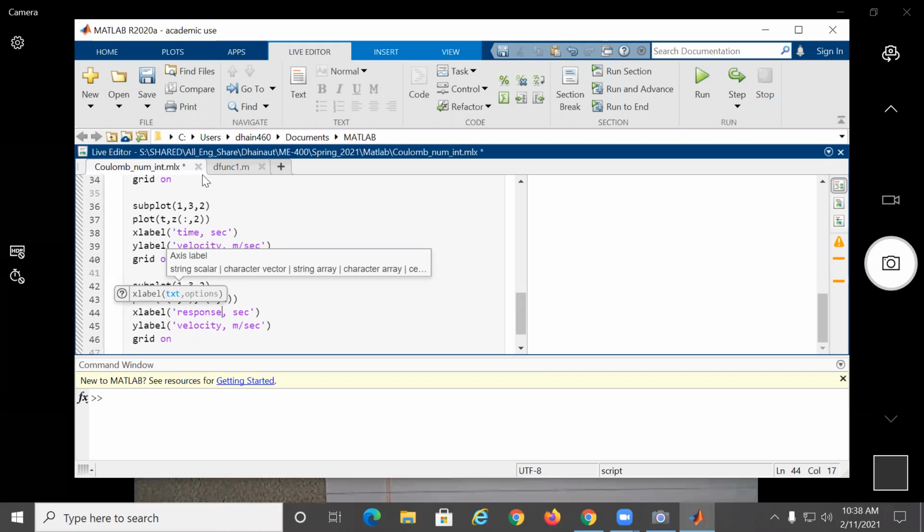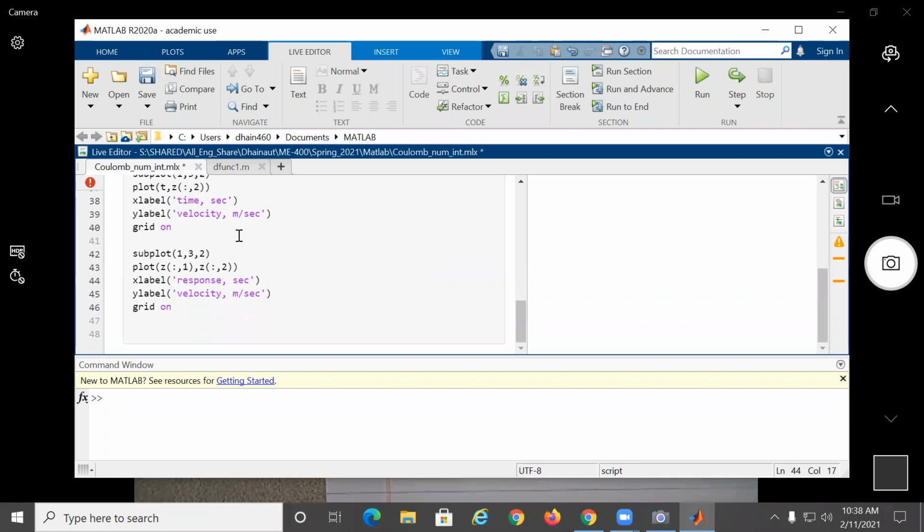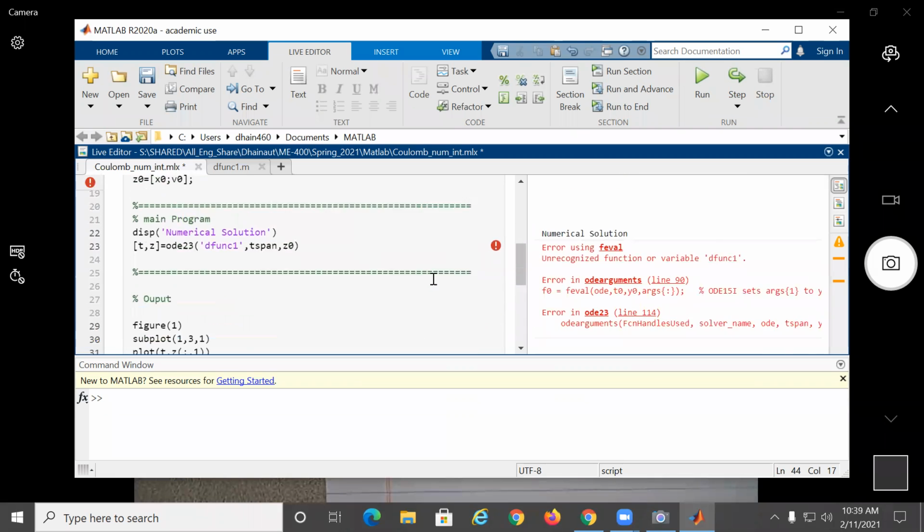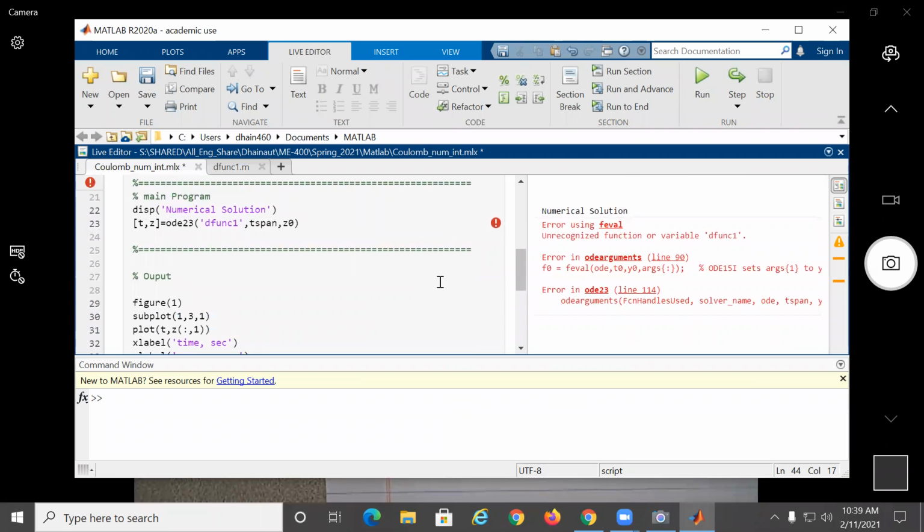All right, so hopefully this will work here. So there's an error somewhere. F eval, so that's not good to have it right there. D funcs one, so it's not, it's right here, it's on the same folder.